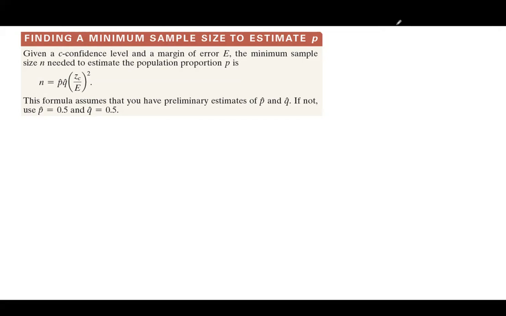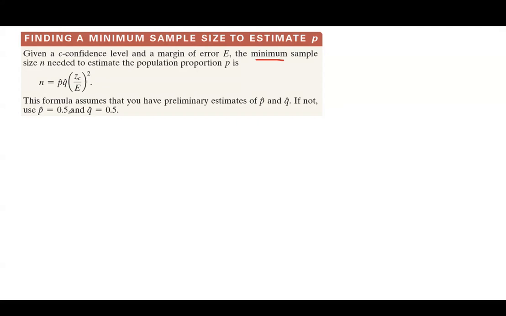But the question is, how many people did they actually survey? We want to find the minimum sample size to estimate p, given a c confidence level and a margin of error E. The minimum sample size n needed to estimate the population proportion p is n equals p hat q hat times z c divided by E, to the power 2.